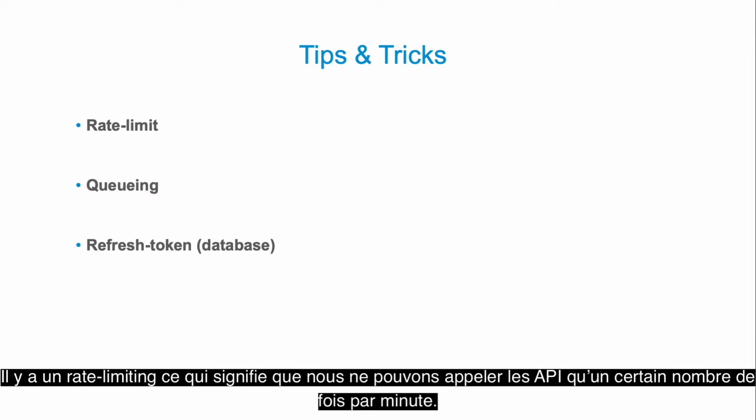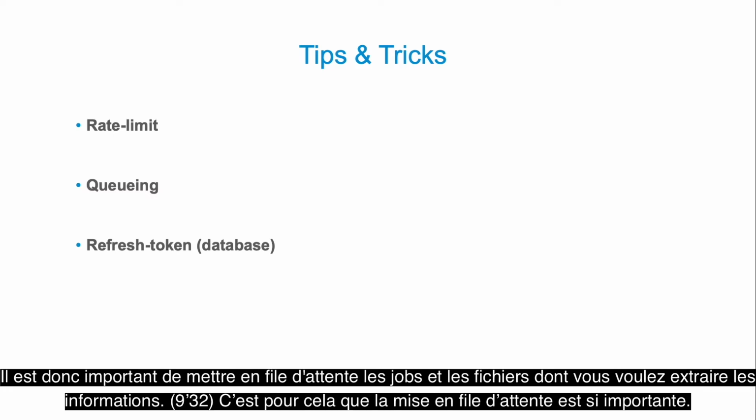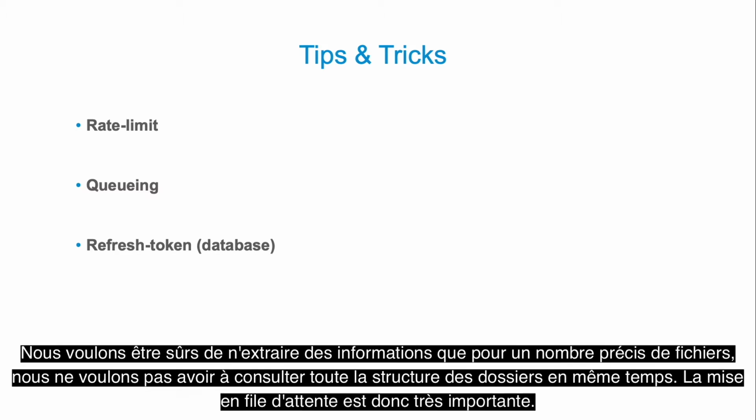We have a rate limit in place, meaning that we can only call the APIs X amount of times per minute. So it's important to queue the jobs and queue the tasks and the files that we want to extract the information. That's why queuing is so important. We want to make sure that we are only extracting information for a specific number of files at any given time.